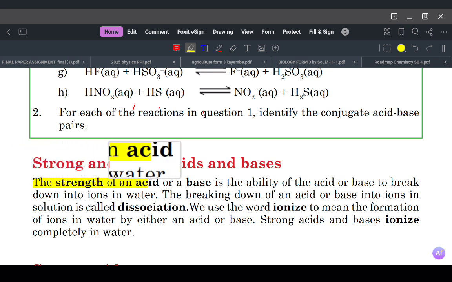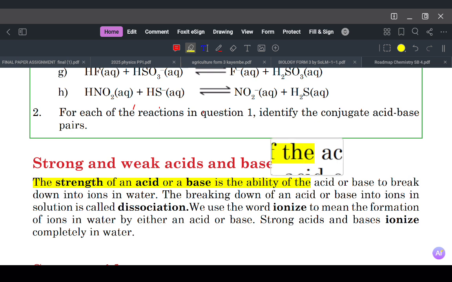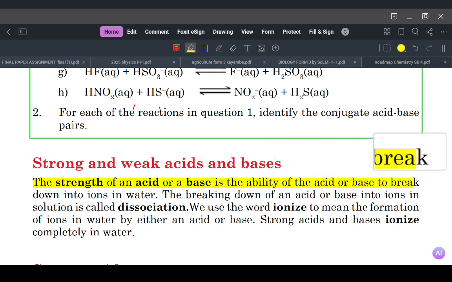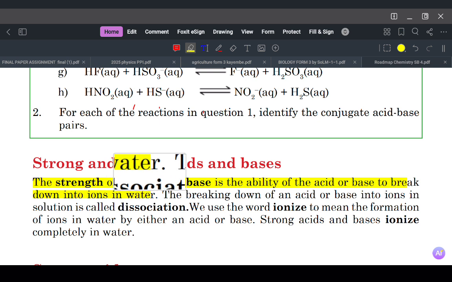The strength of an acid or a base is the ability of the acid or base to break down into ions in water, in a solution.